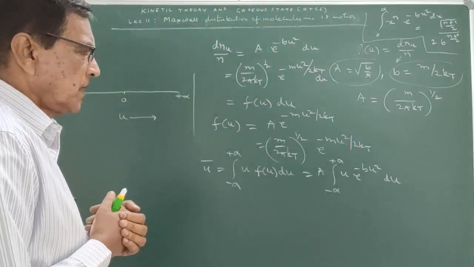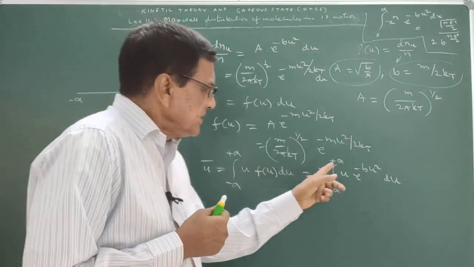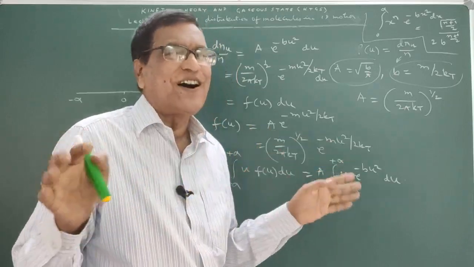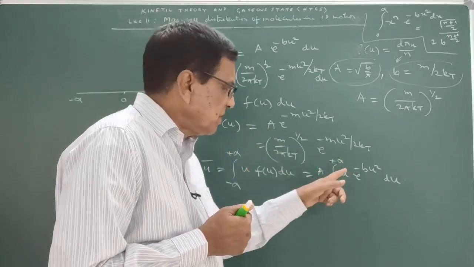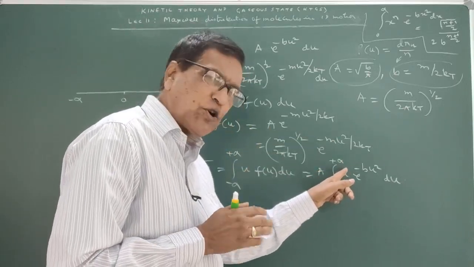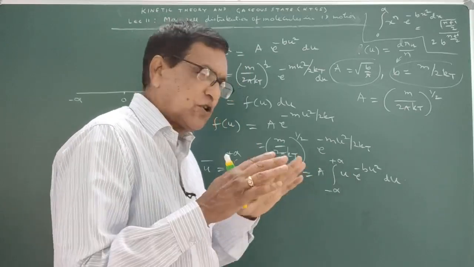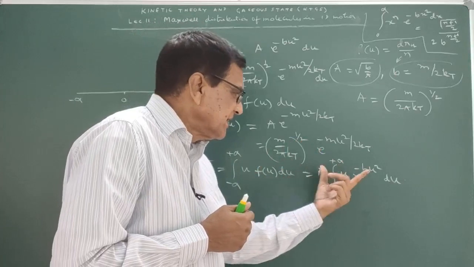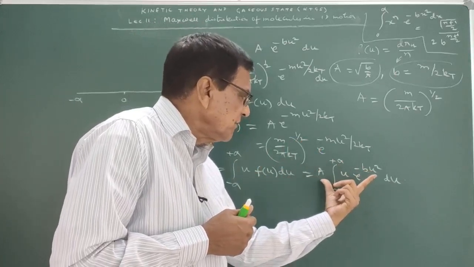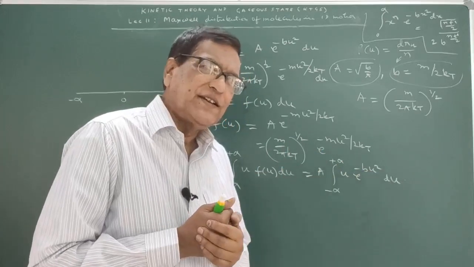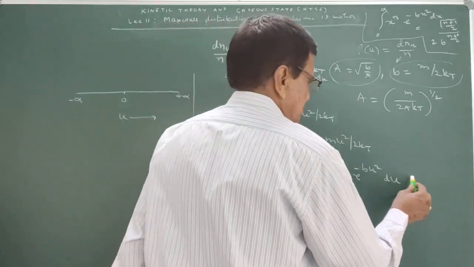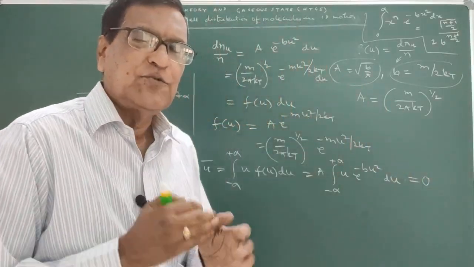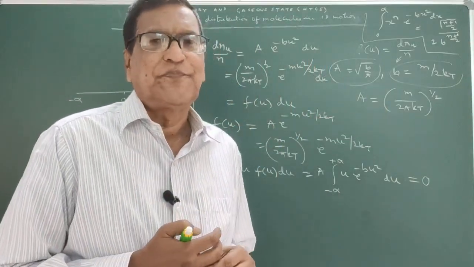So the power of u is an odd function, and whenever the power of u is odd, then the total value of this integration will be equal to 0.